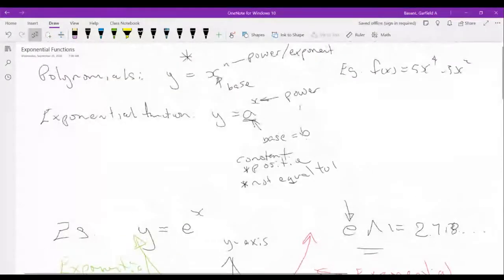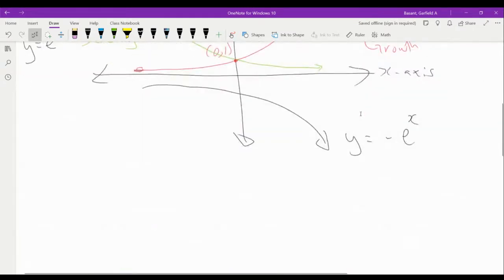You might think it's an error because what did we say about the base? The base has to be positive, right, and a constant. If we go back down here, e is 2.7, so the base is positive, right? This negative is just in front of that base. So the base is still positive. How about if we have a graph over here? What would be the equation for this one?